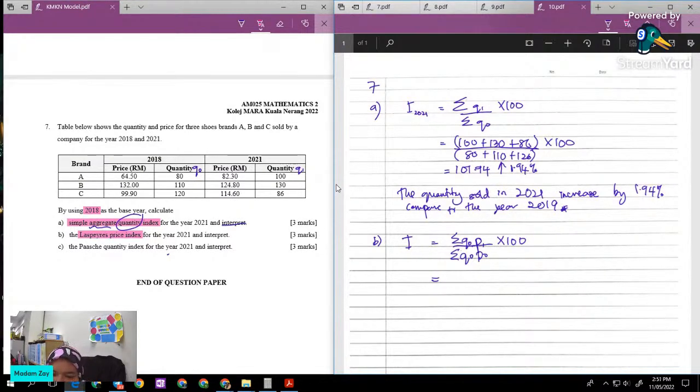Okay, so what is Q1, Q0? So, Q0 kita yang ni. And then, kita darabkan semua ni. So, Q0 saya list out dulu. 80, 110, 120. Sama juga kat bawah.